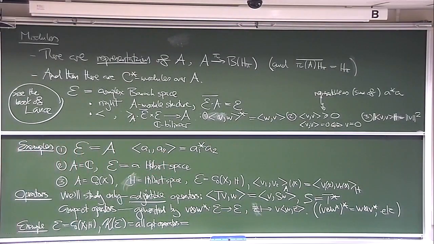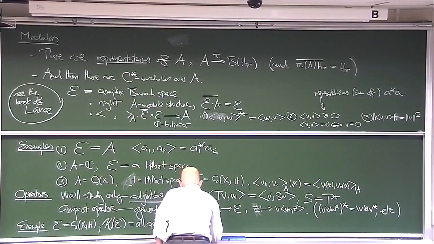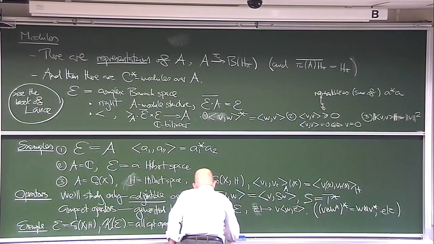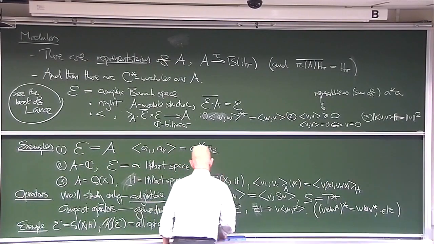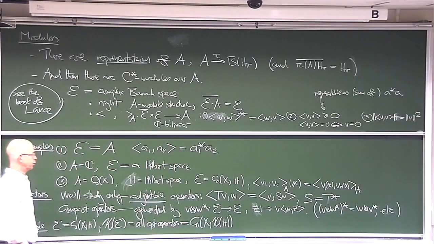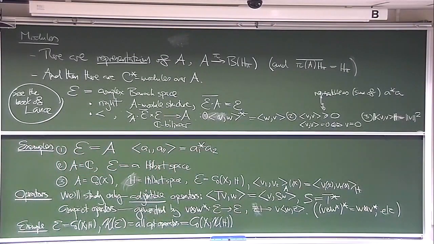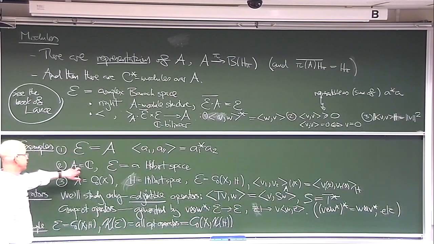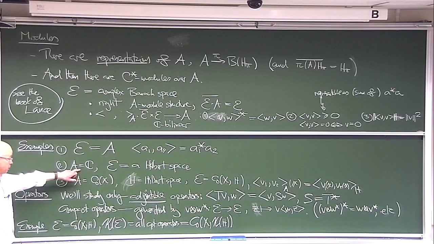Every operator in this collection has an adjoint, and that adjoint operation plus the operator norm makes these compact operators into a C-star algebra. And what it is is just the functions from X into the compact operators on H, which are norm continuous and vanish in the norm at infinity. The algebra of all bounded adjointable operators is harder to describe than the compact operators. Oh, in this situation, we've recovered the usual notion of Hilbert's compact operator.